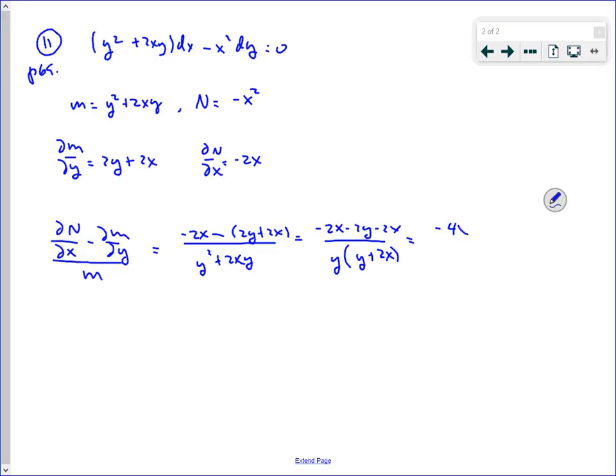On top I have negative 4x and a minus 2y. If you factor a negative 2 out, you'll have 2x plus y. In the denominator, we have y times, well, y plus 2x is the same thing as 2x plus y. So those things cancel off, and we're in the situation of case 2, where this is a continuous function of y.